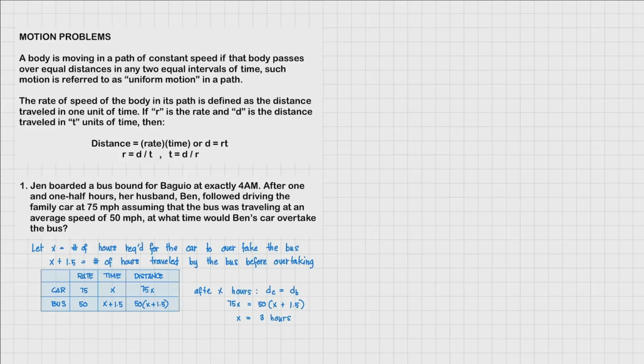So if Jen boarded at 4 a.m., after 1.5 hours, which is at 5:30 a.m., Ben left, right? Then the car will overtake the bus at 8:30 a.m. Right?